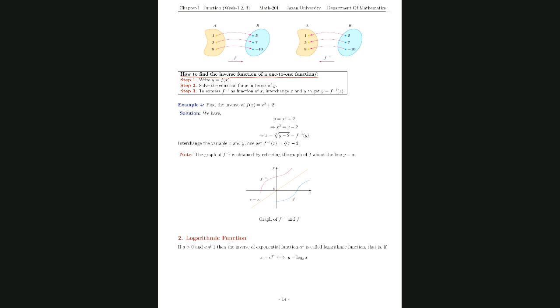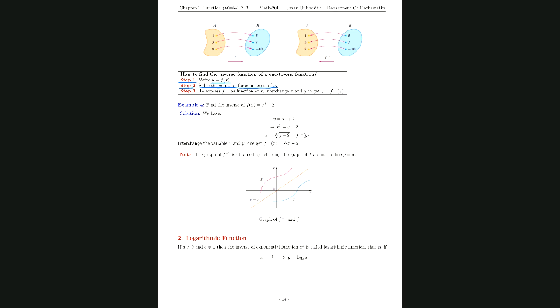See here, step 1: write y equals f of x. Step 2: solve the equation for x in terms of y, meaning x equals something in terms of y.